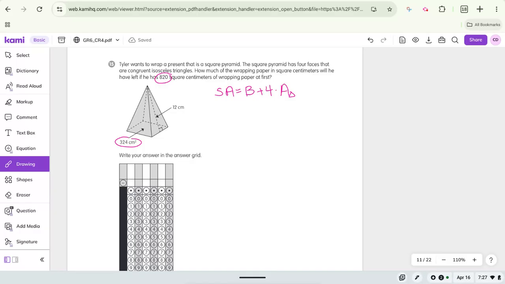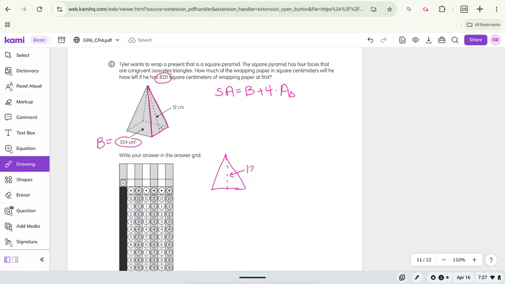So I'm just going to find the area of one of these triangles. So I already know that the area of the base, that's capital B, is 324 centimeters squared. So I need to find the area of the triangle. There are 4 of these.